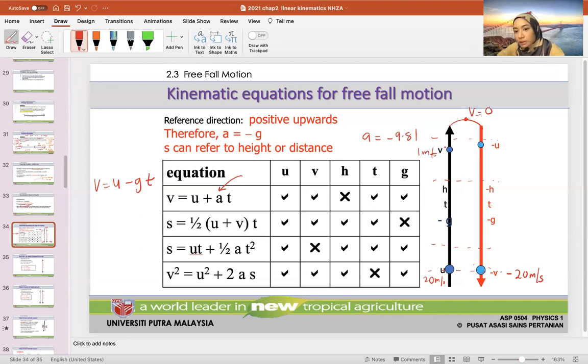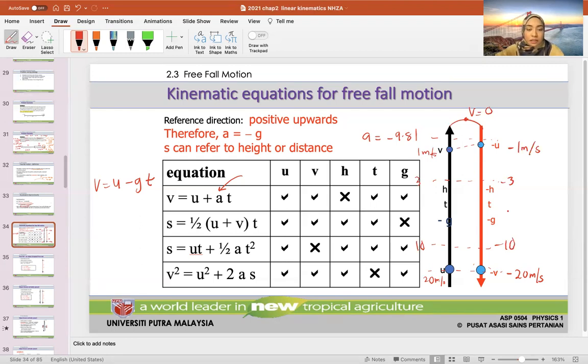This guy over here at the same level, assume dia sama level, is minus 1 meter per second. Kalau kat sini 3, sini pun minus 3. Kat sini 10, sini minus 10. So that is for a symmetrical free fall motion.